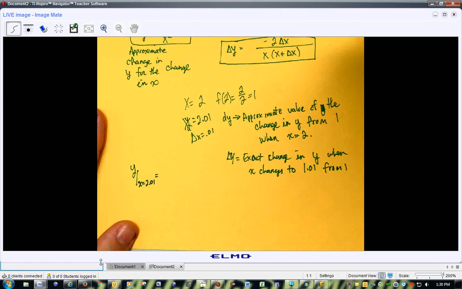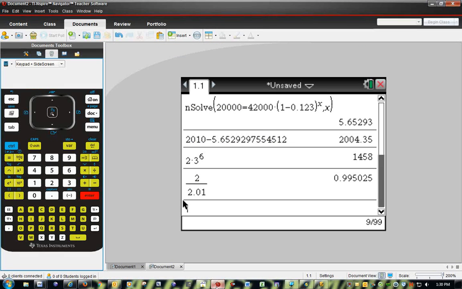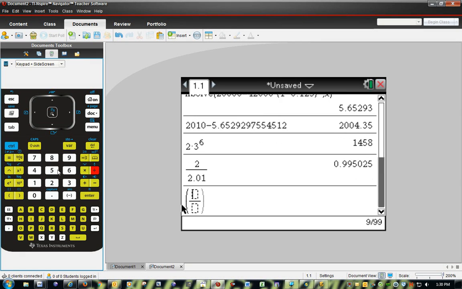X is going to 2.01, right? So the change is 0.01.